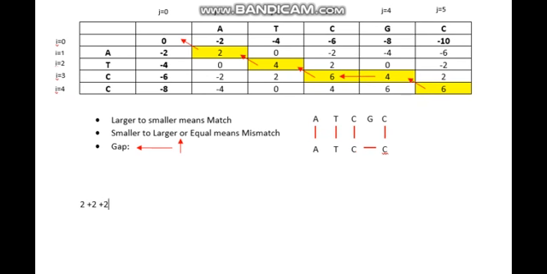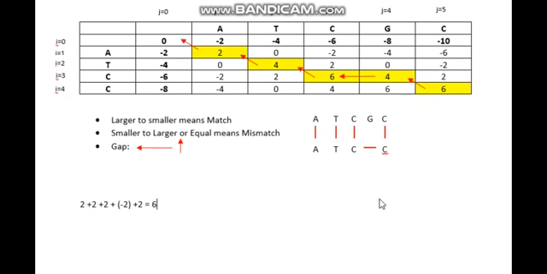And then we have a gap, so we will add the gap penalty, which we assigned as minus 2, so that is the value that we're going to add. Then we have another match, so once again we'll add a 2, and when we calculate this, it would be 2 plus 2 equals 4, plus 2 equals 6, minus 2 equals 4, and plus 2 would make 6. So our score is 6.